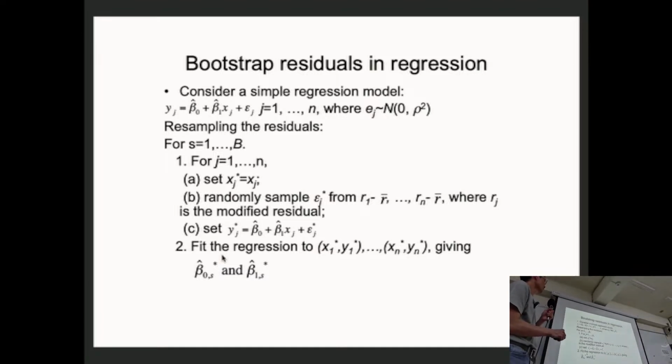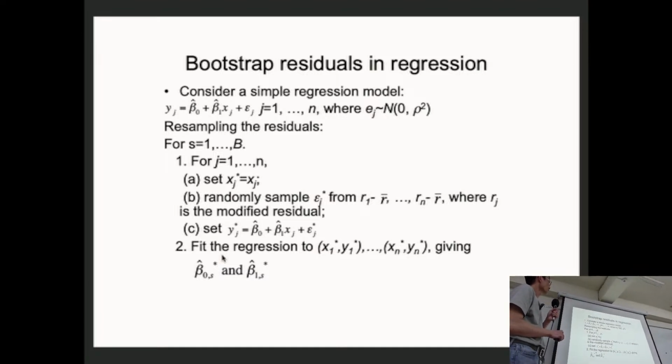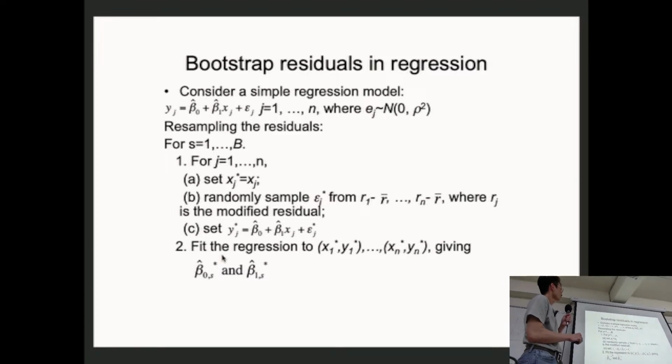After standardizing that, it's very easy. For the B number of bootstrap, for all the data from x1, x2, x3, all the data you choose, you decide yi, and then you randomly draw from your epsilon, from the modified procedure, and make it the yij star, that's the bootstrap sample.